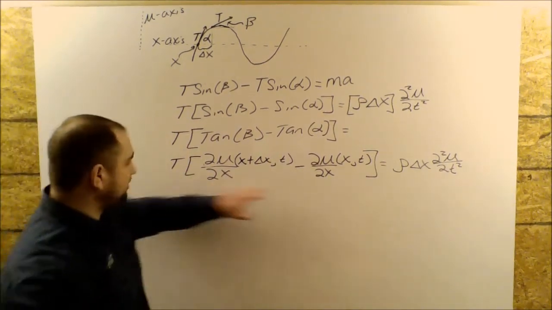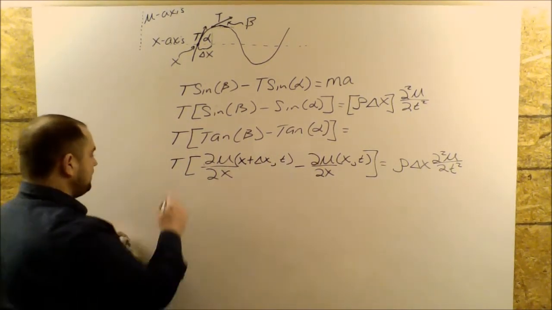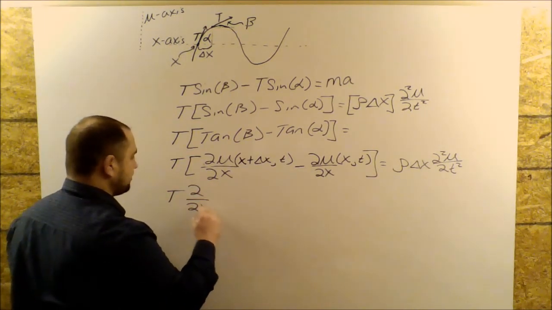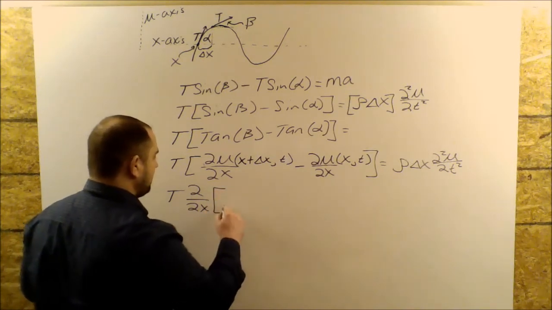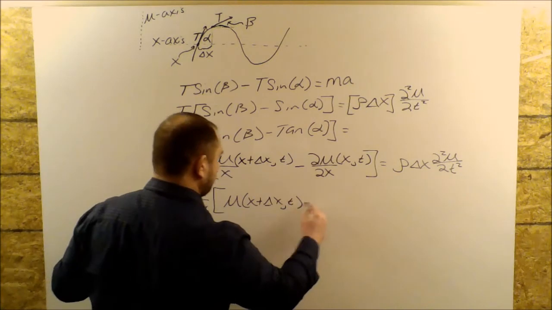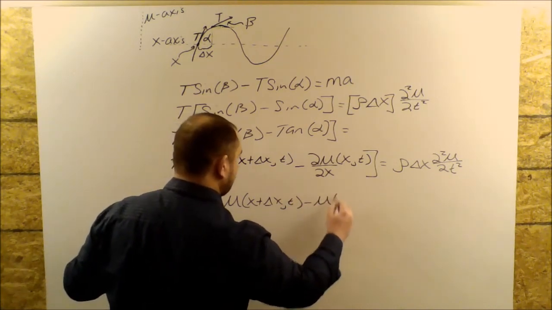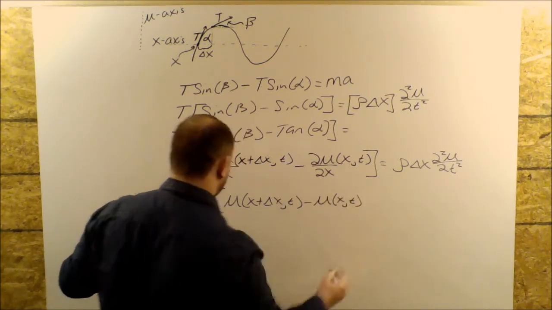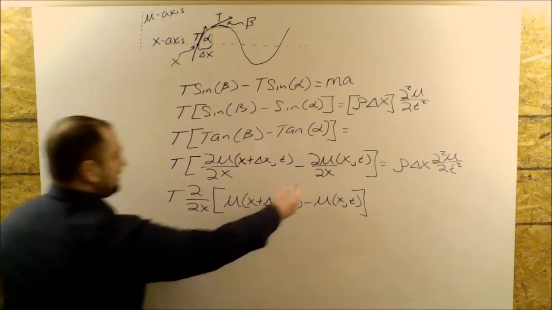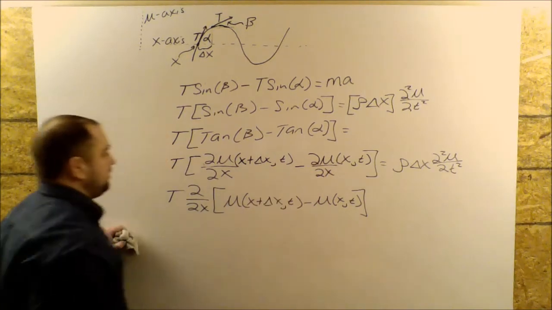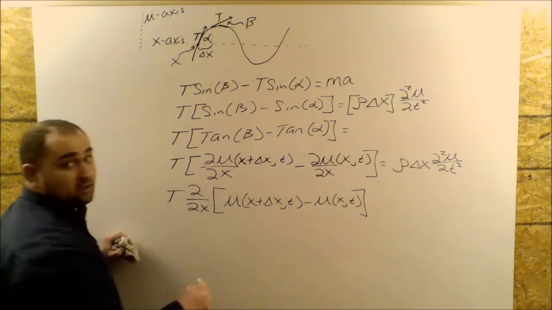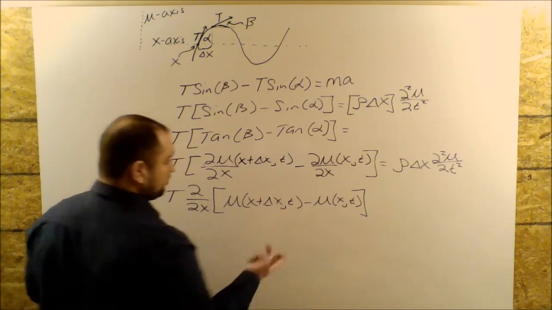Okay, so now I'm going to actually pull out the derivative operator to get partial over partial x. Okay, so if I bring this operator back in, I get this. Okay, well, this here is just delta u. It's a small change in u.